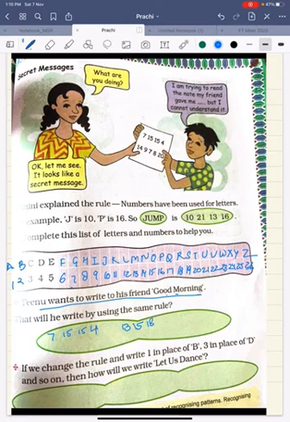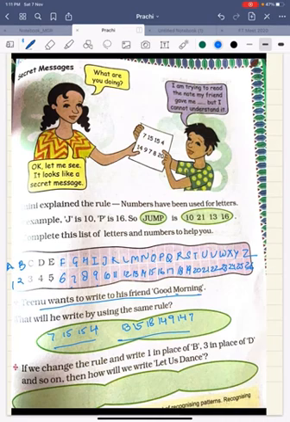N is 14. I is 9. Then again 14. And then G is 7. So we ourselves also can write secret messages to our friends.